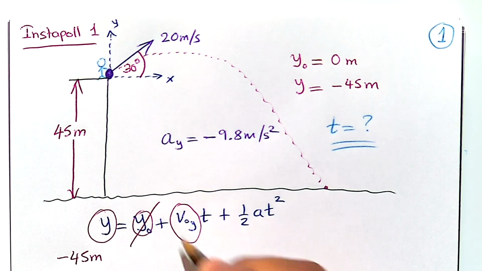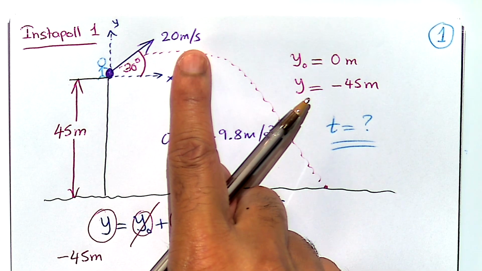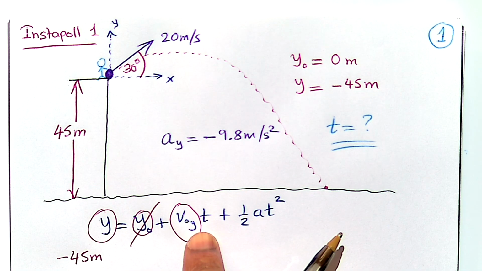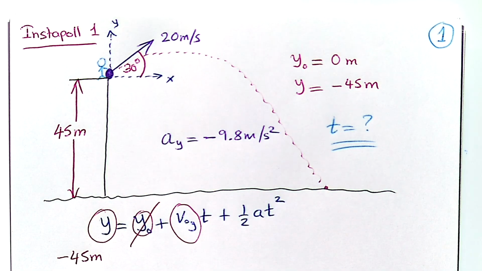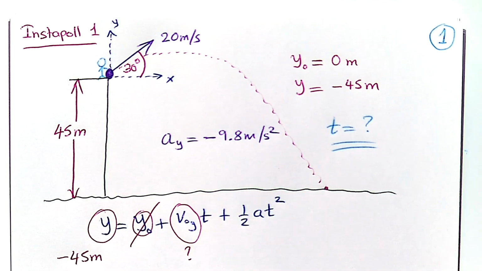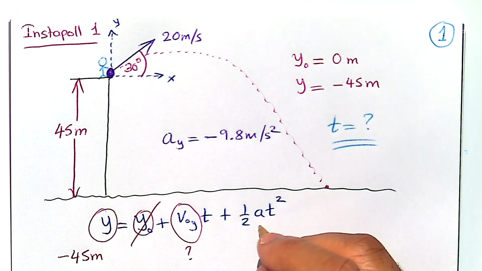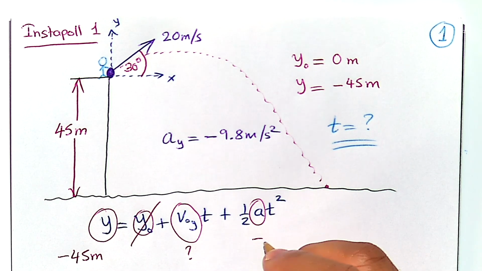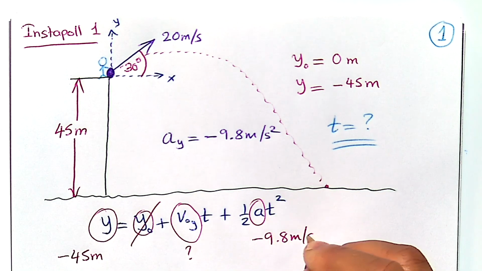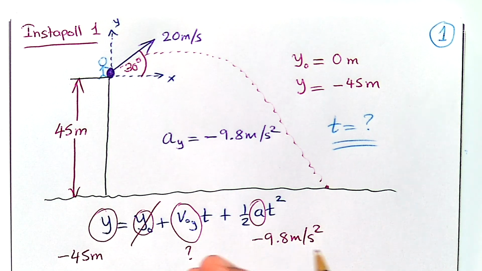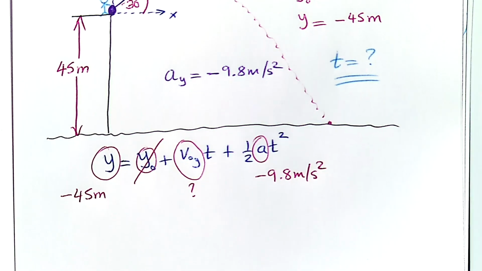This initial velocity is not 20 meters per second, because we're talking about the initial velocity just in the y direction. This is a vector, we're going to have to break it up. But we'll put a question mark there. We know something about it, we'll come back to it. And certainly a is known, it's negative 9.8 meters per second squared. So we have a lot of what we need, and then we can solve for t.